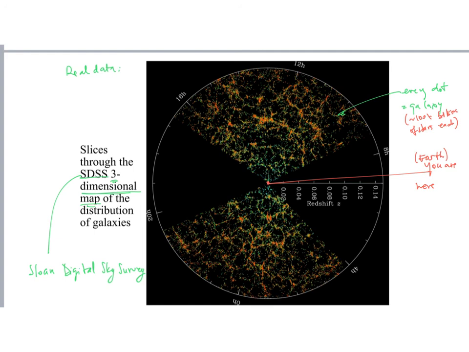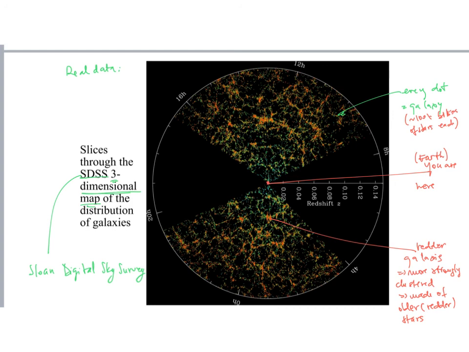Now the galaxies, that is each point here, are colored according to the ages of their stars, and you can see the redder ones. So these are redder galaxies. They're basically more strongly clustered, and they're made of older, cooler stars.